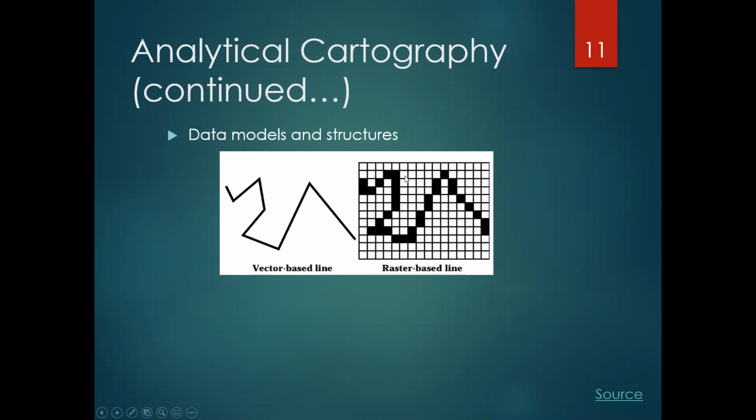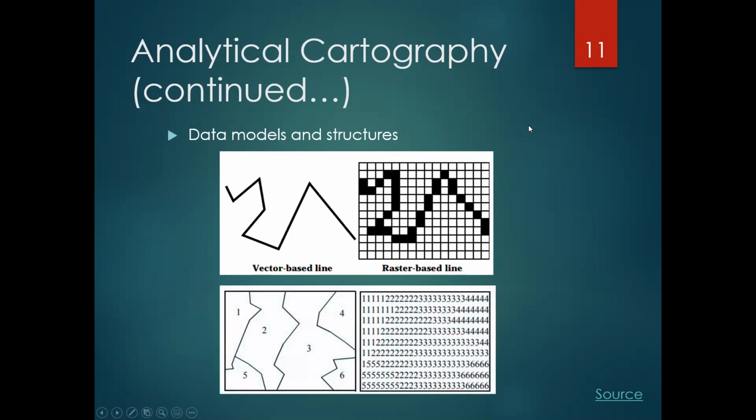If this cell is empty, nothing is there, there's no river in this specific case, then it's 0. Okay, so we use zeros and ones. We can portray this linear feature, or this river, using the raster model like this, right? And of course, beyond that, you can also show polygons or areal features using the two models, right?